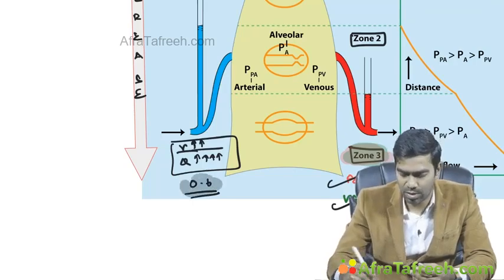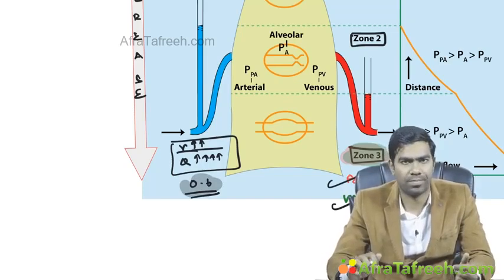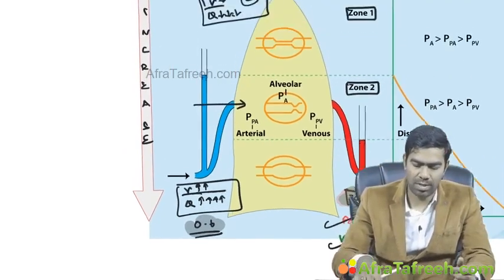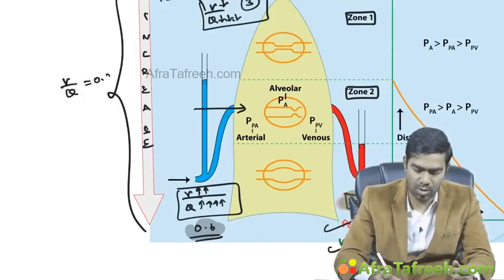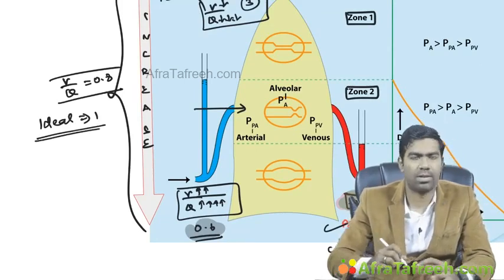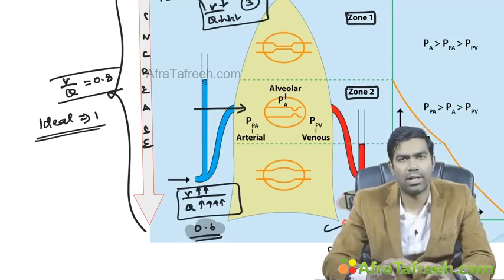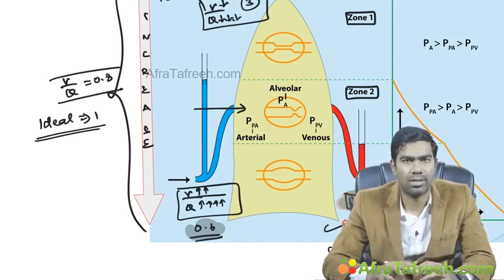Which means the VQ ratio is low, but the ventilation and perfusion both are high in zone 3 only. Zone 2 is somewhere in between. But if they ask you the entire lungs VQ ratio, it's approximately 0.8. At the same time, the ideal VQ ratio, if they ask you, it must be 1. Clear? But naturally, the entire lungs VQ ratio is approximately 0.8.